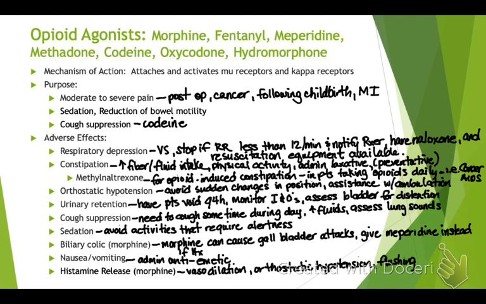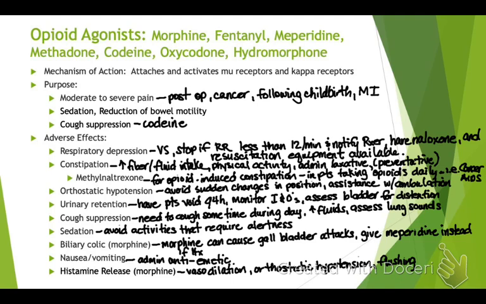Biliary colic, especially with morphine, is very common. Morphine can cause gallbladder attacks, so you want to stay away specifically from morphine and give meperidine instead if they have some type of history of gallbladder disease or gallbladder issues.